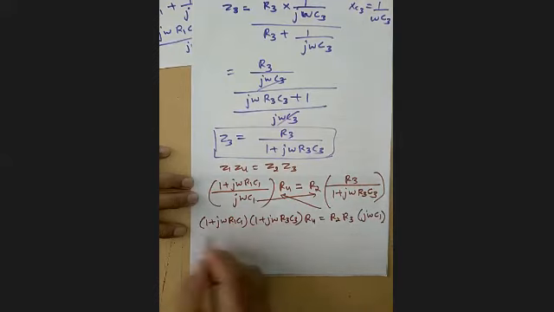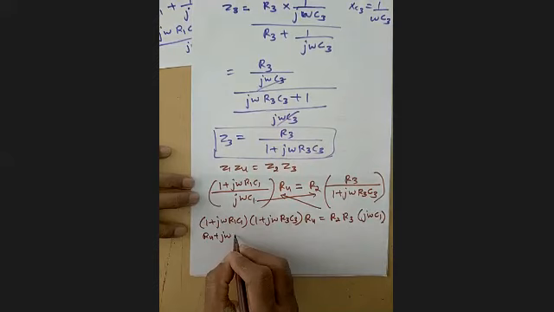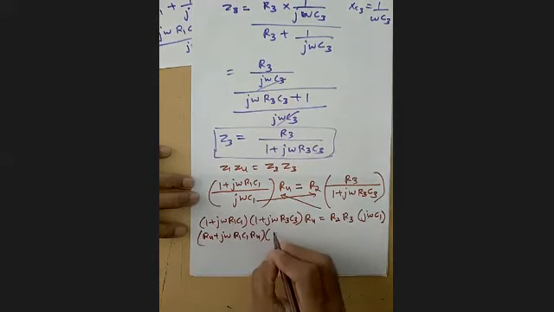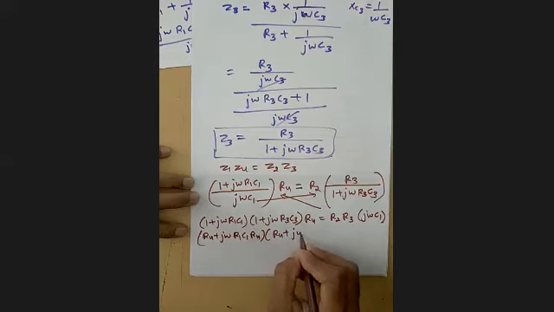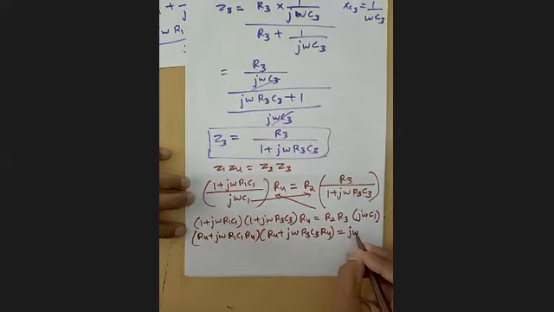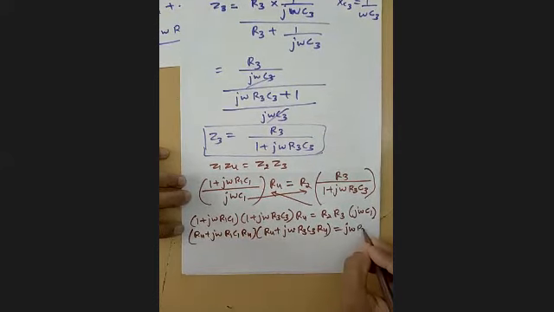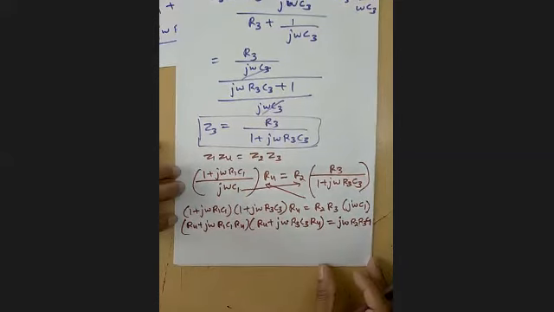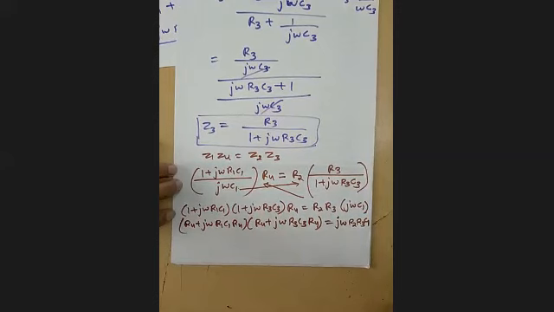So to solve this term, first I'm multiplying R4 into this equation: j omega R1 C1 R4 plus j omega R3 C3 R4, equal to j omega R2 R3 C1. Now expand this term.